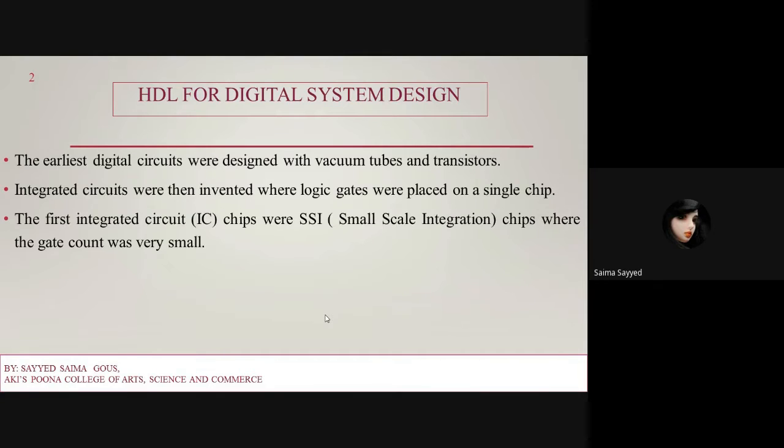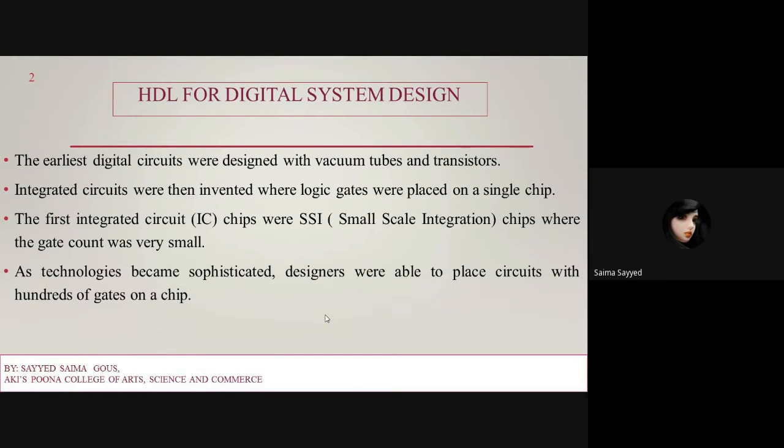The first integrated circuit chip was SSI, small scale integration, where the gate count was very small. Then as the technology became sophisticated, designers were able to place circuits with hundreds of gates on a single chip, and that chip is called MSI, medium scale integration.